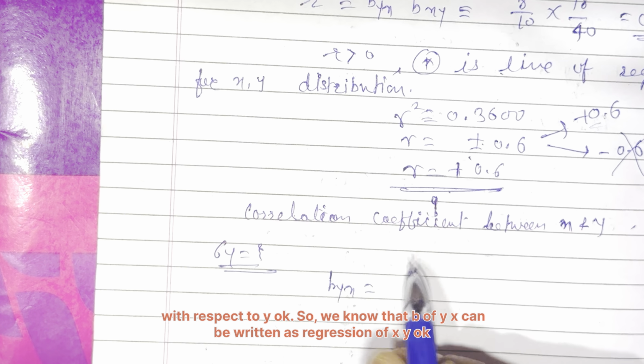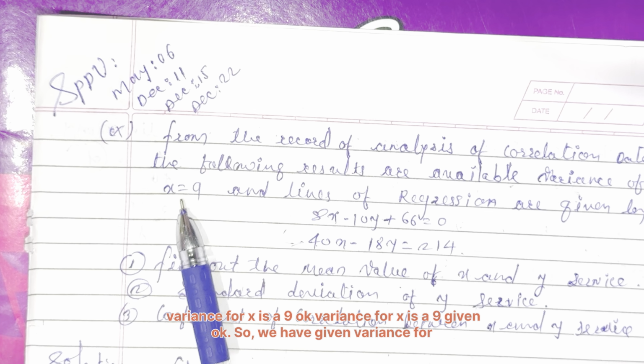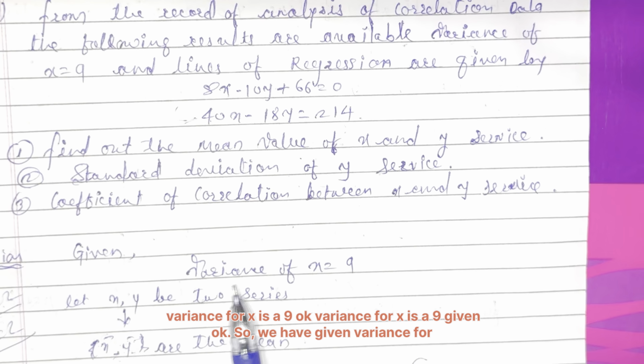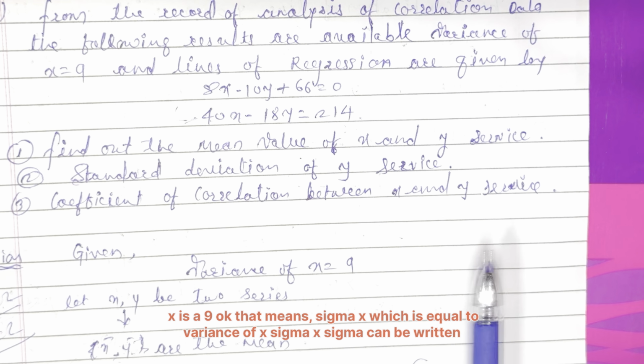As given in our question, in the analysis of the correlation data the following results are available. The variance of x is 9.